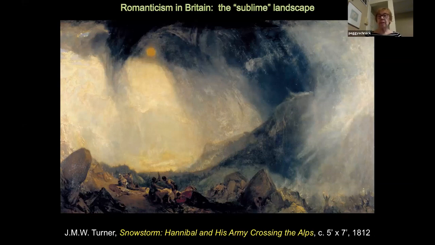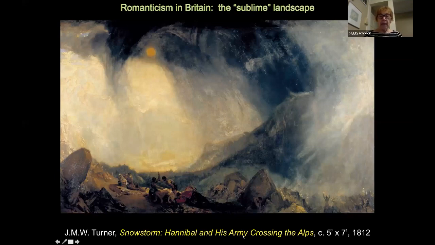And that becomes an important voice. Today we get that through films and roller coaster rides and all these places where we can get right up to the edge of danger, but we know it's safe. We know nothing's going to happen to us. Now, in this case, he's chosen Hannibal and his army crossing the Alps from the 3rd century BCE.